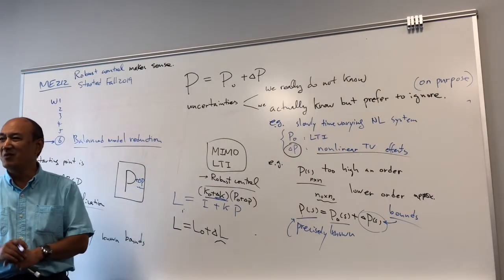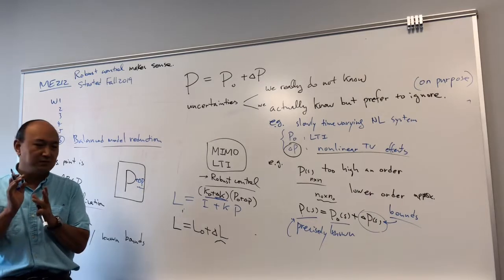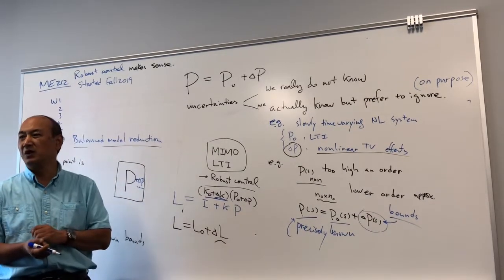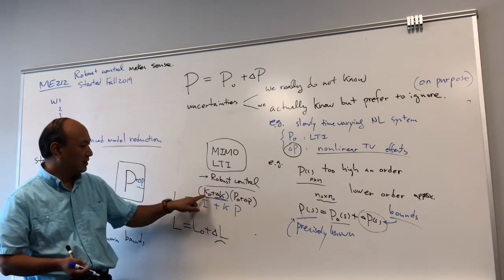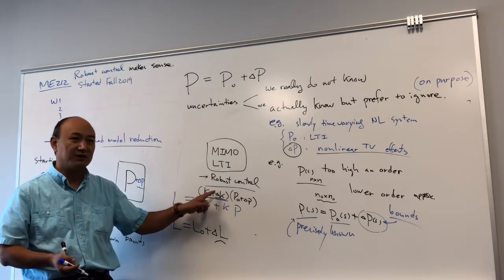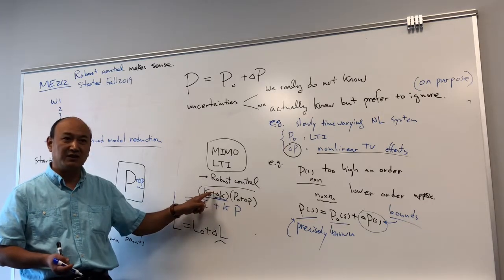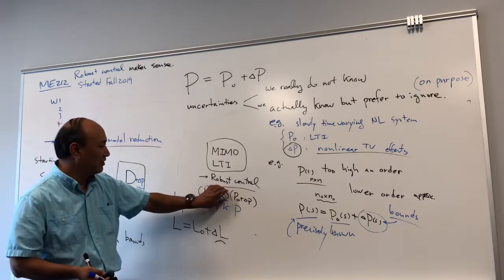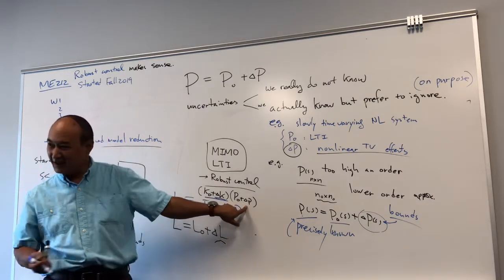But for real-time implementation, you probably want to implement a simpler K. You drop some accuracy, and that can be lumped and converted to delta P, right?